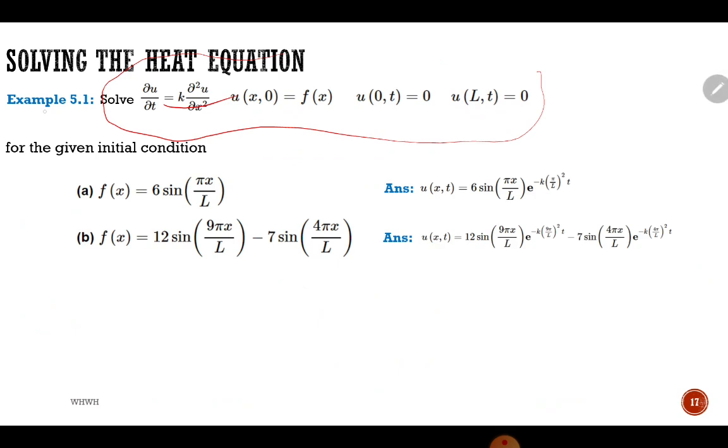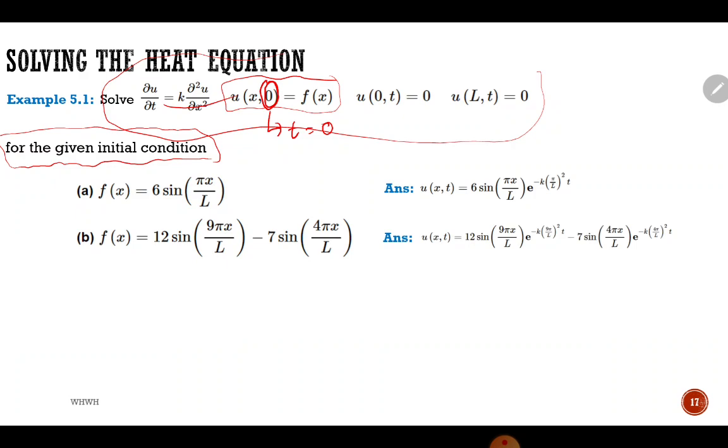Soalan ni cakap, example 5.1, solve for the given initial condition. For the given initial condition here, u at 0 ni equals to f(x). What is 0 here? t is equals to 0 here.